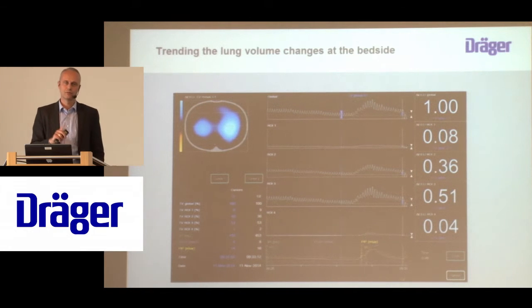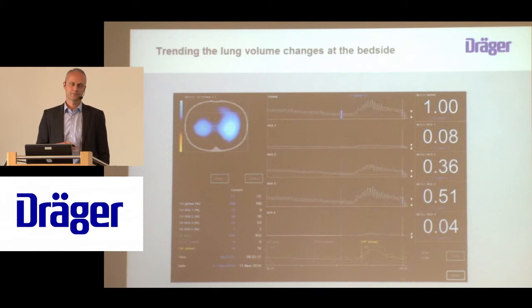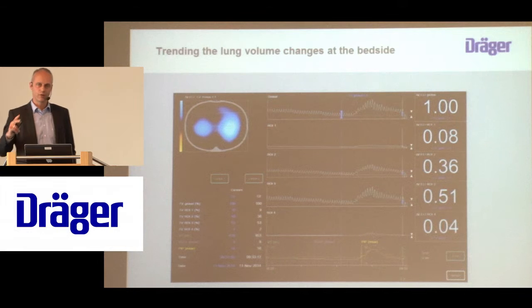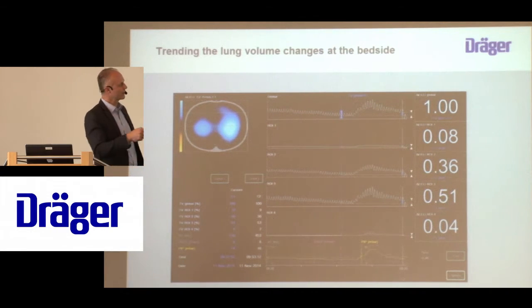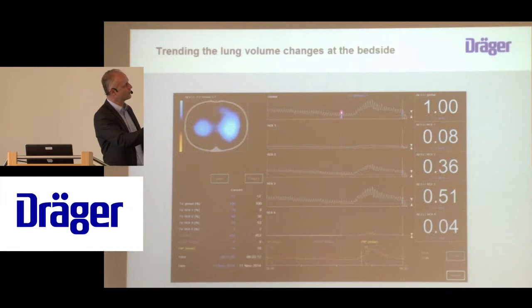However, we do not have the information about the FRC. We don't know how much lung volume we have in milliliters. The only information on the volume that we have in milliliters is the tidal volume. And the way we are expressing these kind of changes of lung volume is we are looking at one cursor position on one particular breath.